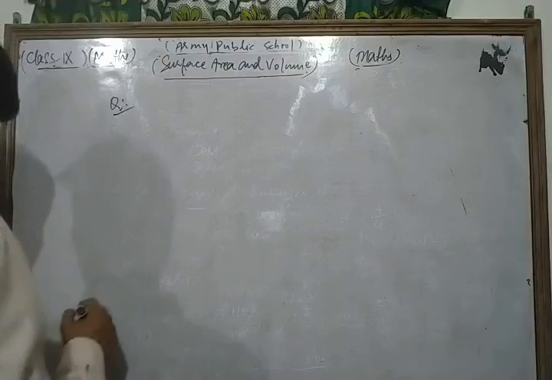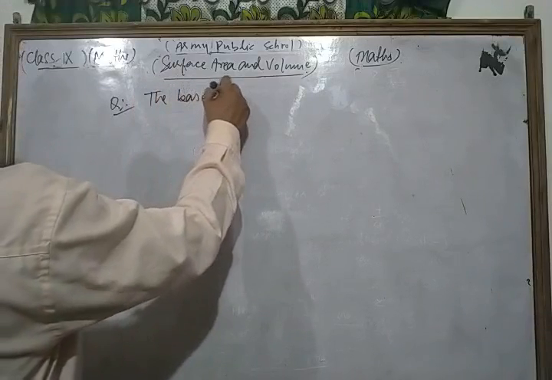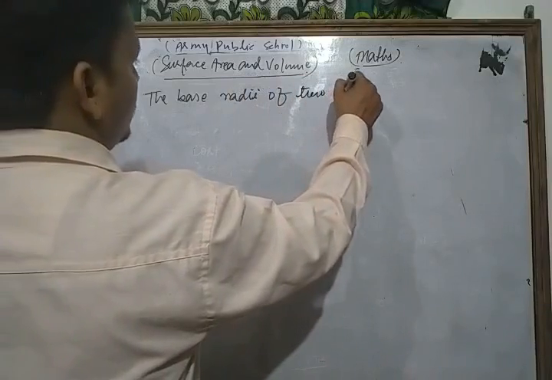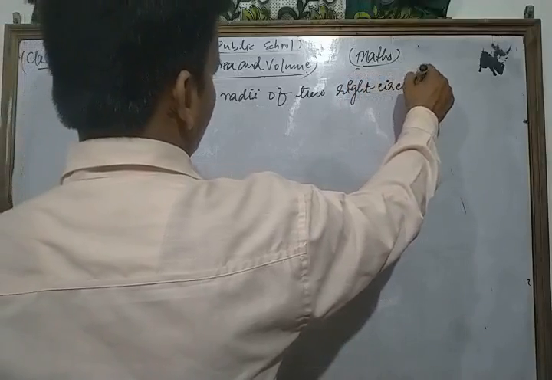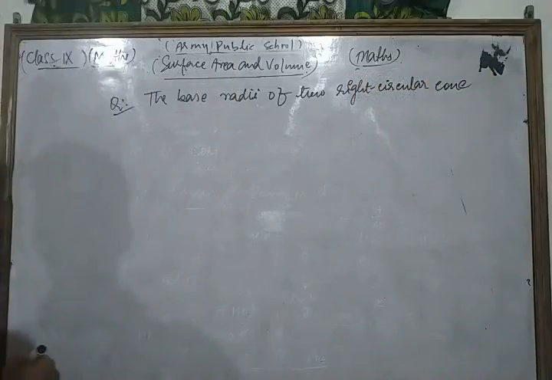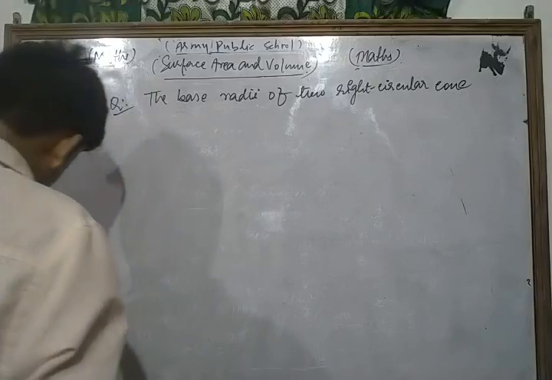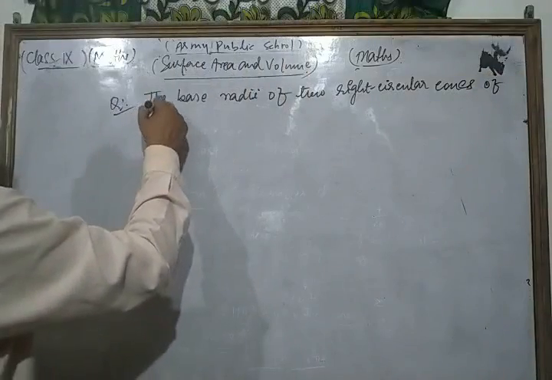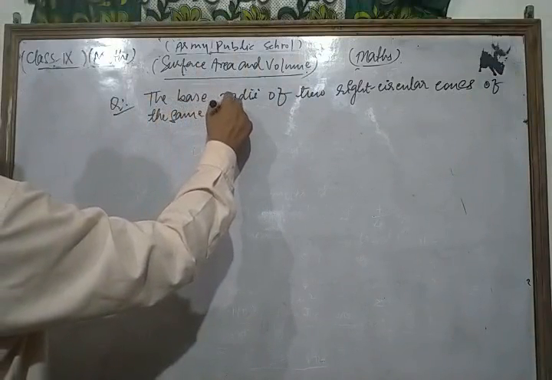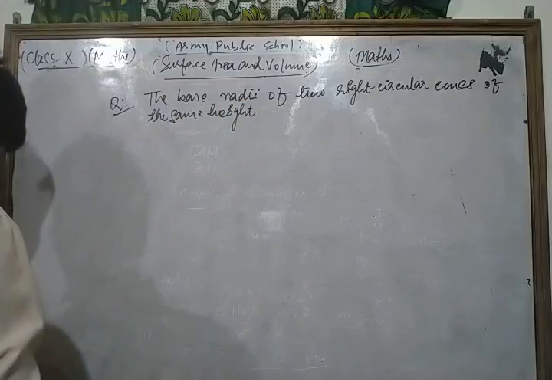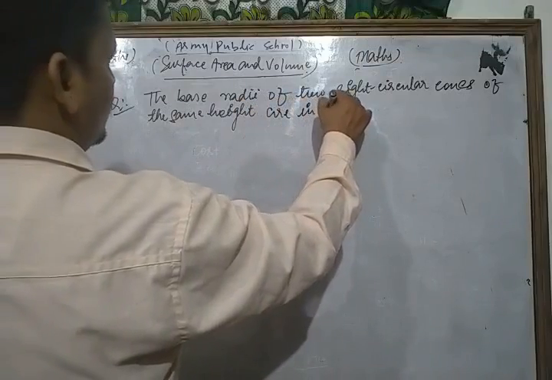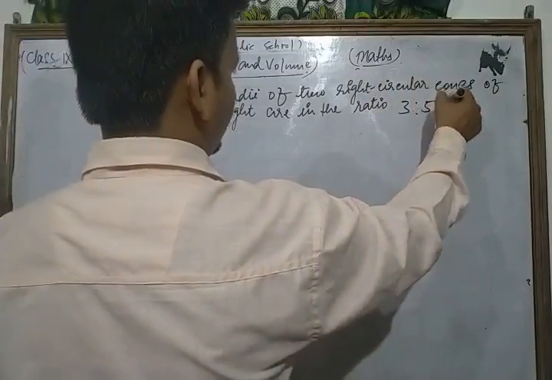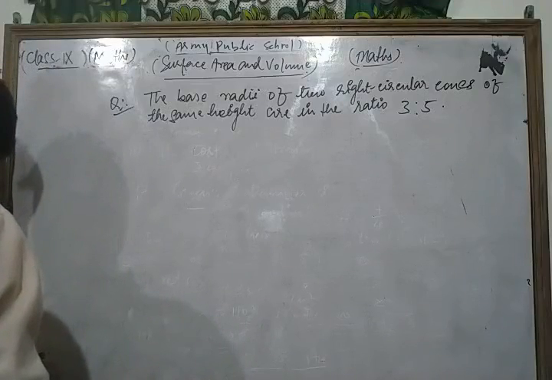The base radii of two right circular cones of the same height are in the ratio 3:5.